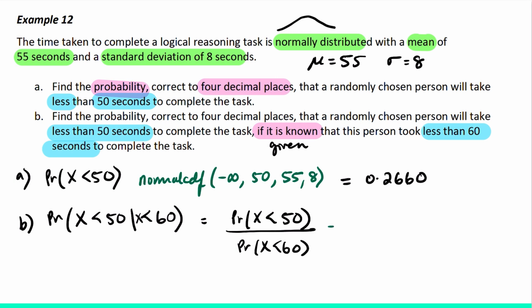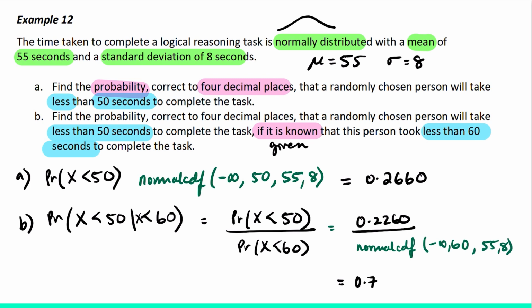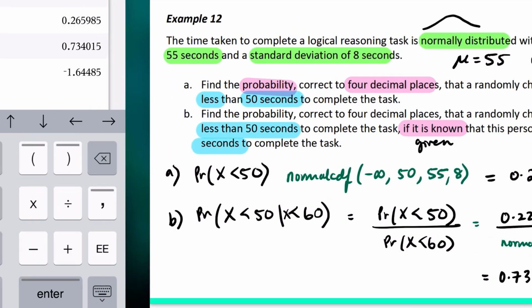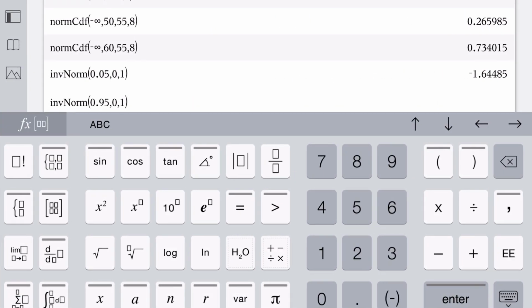So what you'd go and type into your calculator, we'd have normal CDF. Actually, the top one, we already found that, didn't we? You don't even need to type that into your calculator. We already found that in the previous question. Divided by normal CDF, lower bound, upper bound, mean, and standard deviation. And when you type that into your calculator, you should get 0.7340. Oh, sorry, so that's for the bottom one.